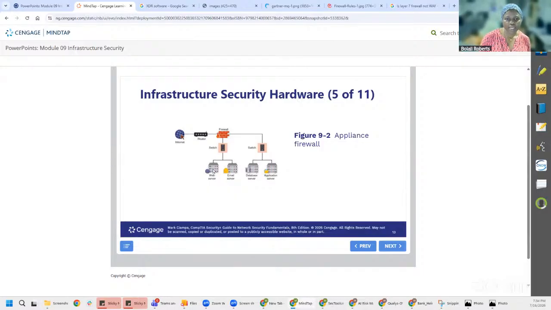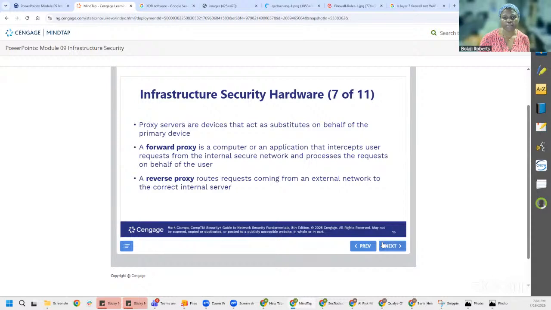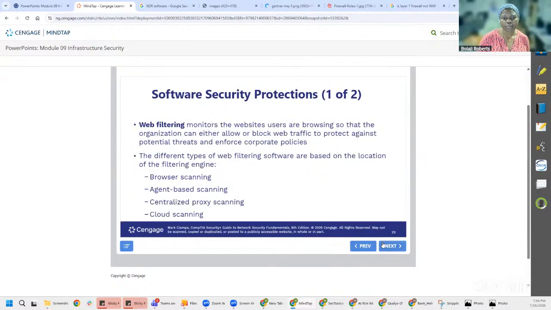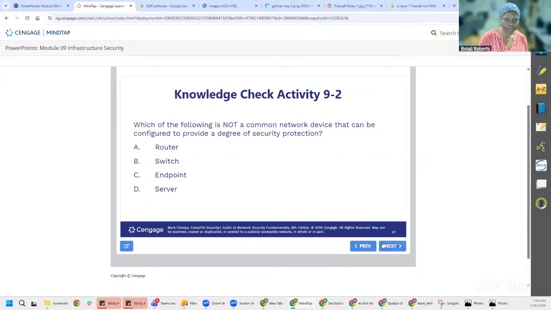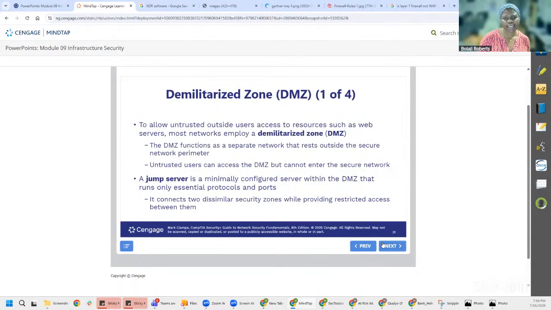So this is the DMZ, the demilitarized zone, where you keep all external facing services. It's the one that interfaces directly with the untrusted user network, the internet.